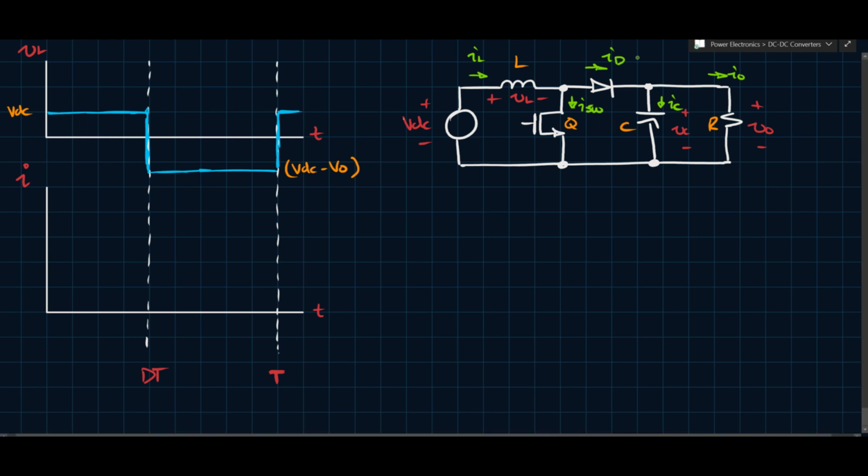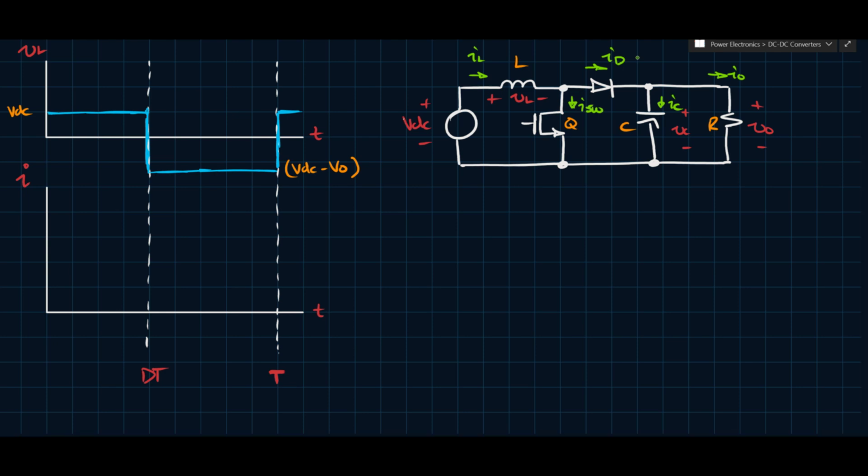In a buck converter it is, so the output average current, for instance, is the same as the inductor average current. In this case it's not, so the output average current is actually equal to the diode average current. And so we need to be able to translate between the inductor current and the diode current. And to do that we need to understand how the currents are distributed between the two parts of the switching cycle. Leaving all that aside for now, we have the typical behavior.